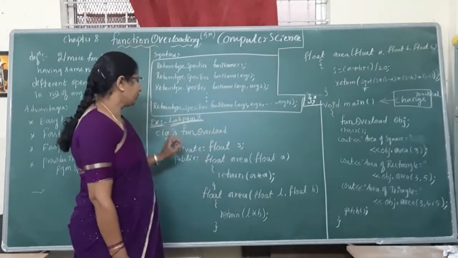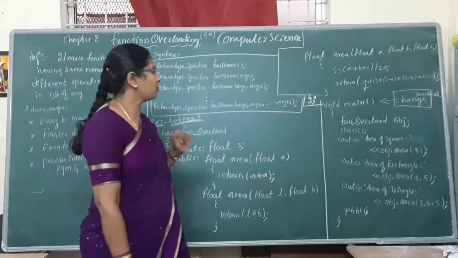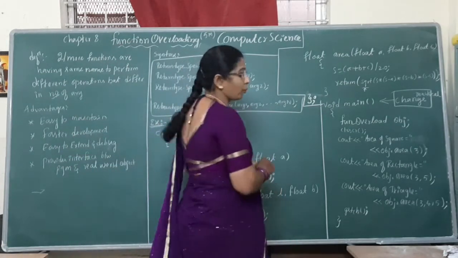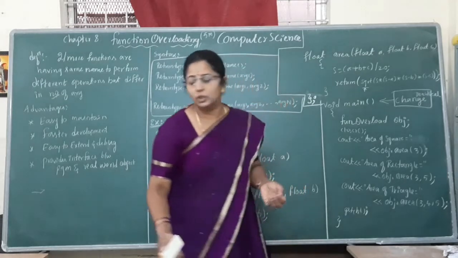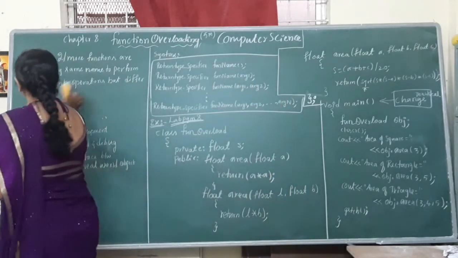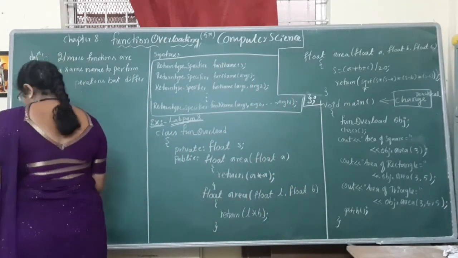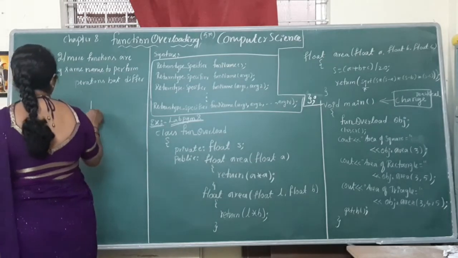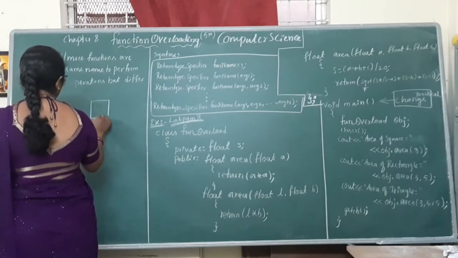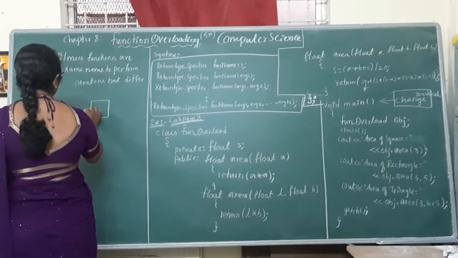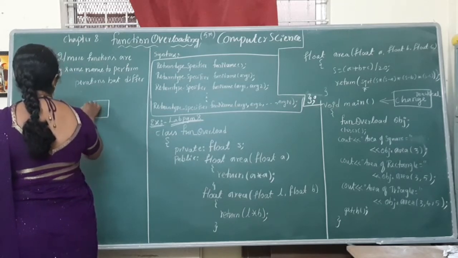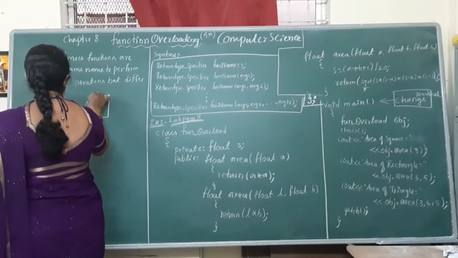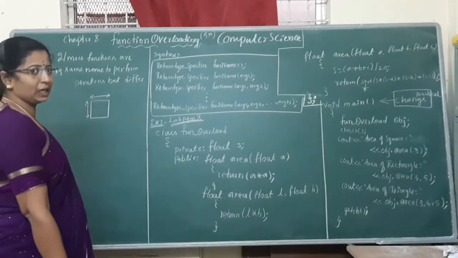See here the program. What is the formula to find the area of a square? In a square, all the edges are equal; the length vertically and horizontally is equal.